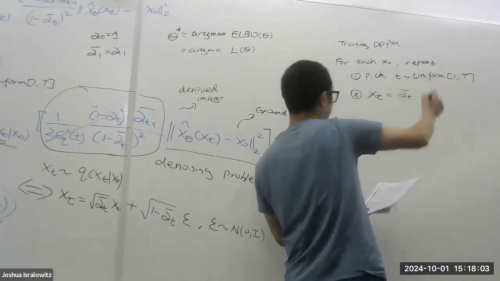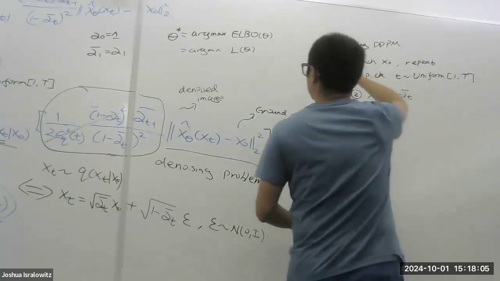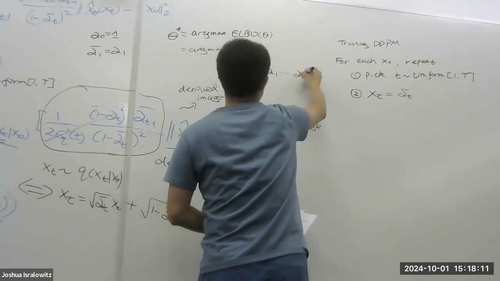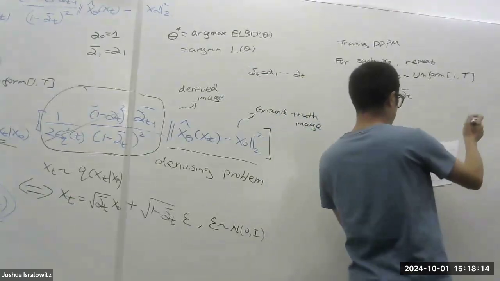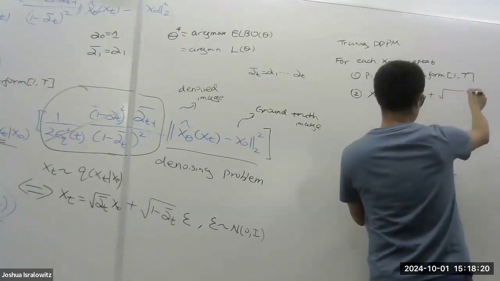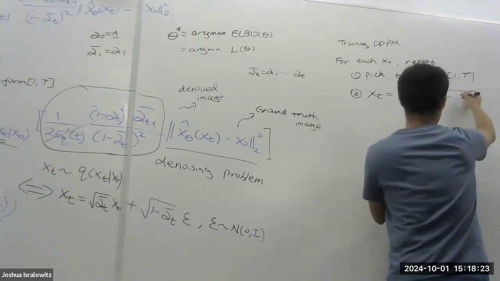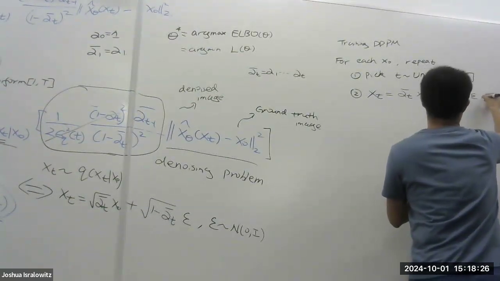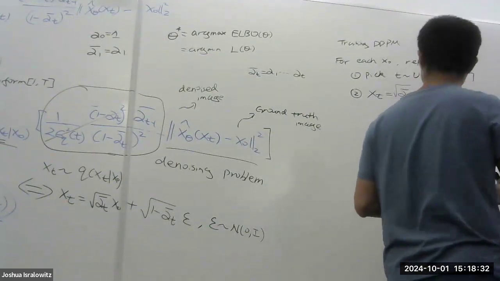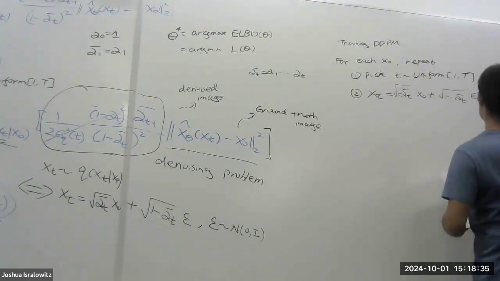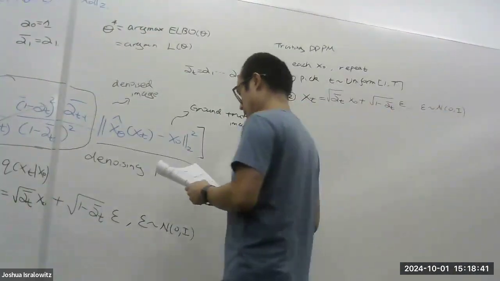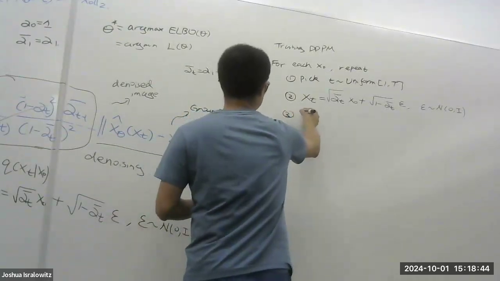You can calculate alpha t bar very quickly. Just to remind you, alpha t bar is the multiplication of alpha 1 through alpha t. So xt is square root of alpha t bar times x0 plus square root of 1 minus alpha t bar times epsilon, where epsilon is sampled from a normal distribution with mean 0 and variance 1. Then you take the gradient.